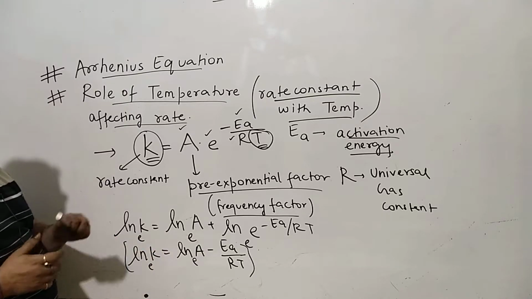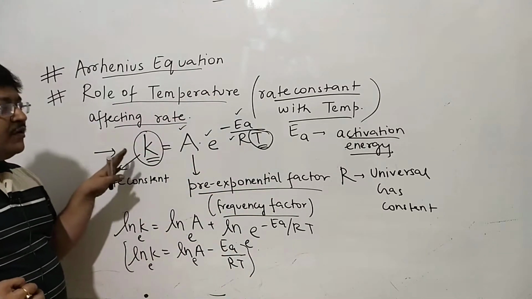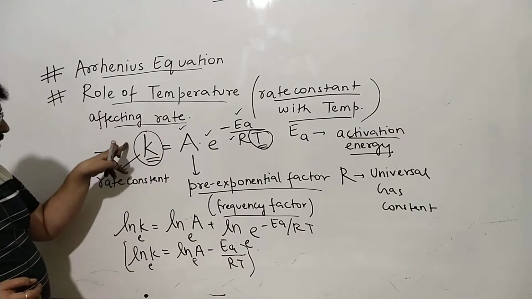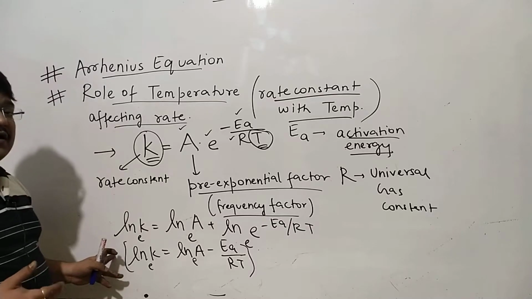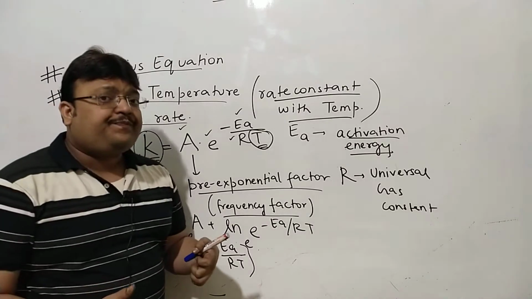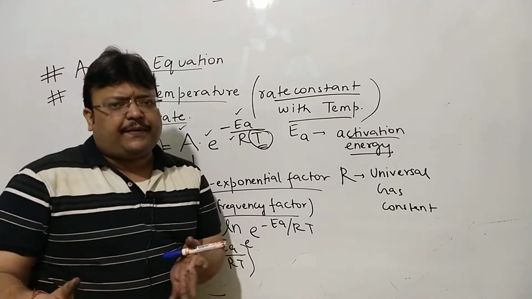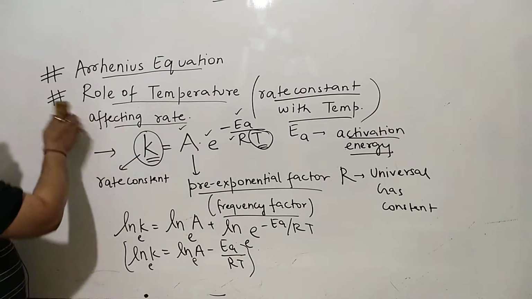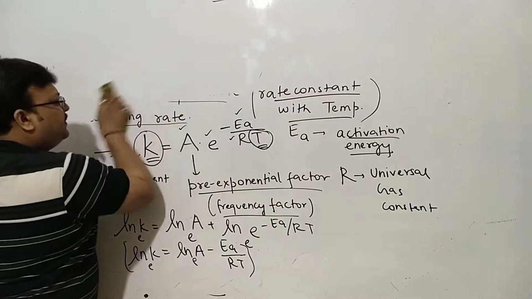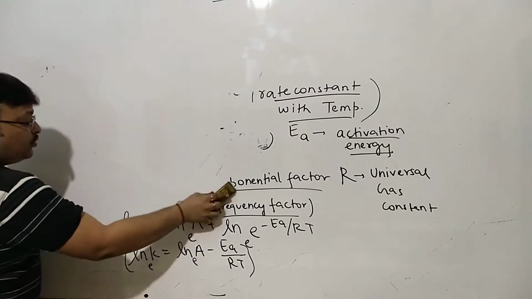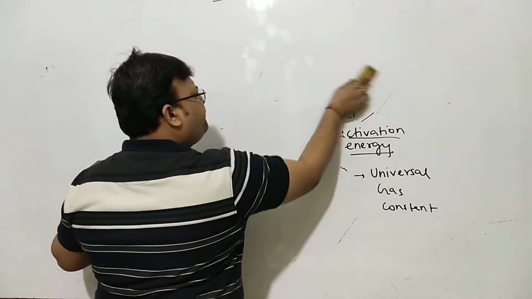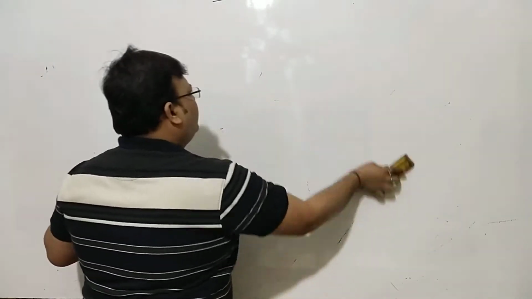So what I'll do is, I'll want to remove this clutter. You'll want to copy this at your convenience. I'll start with this form, write the logarithmic form, and then convert it to the more student friendly common logarithm with the base 10. I'm going to write the relevant equations only.